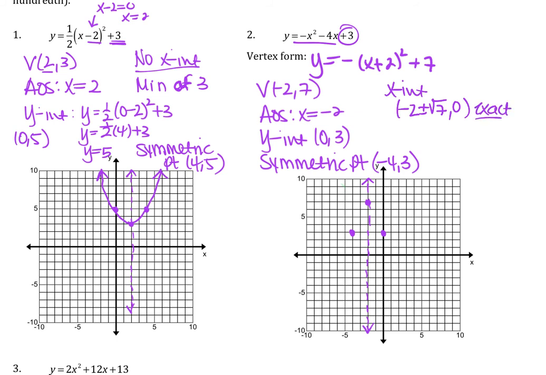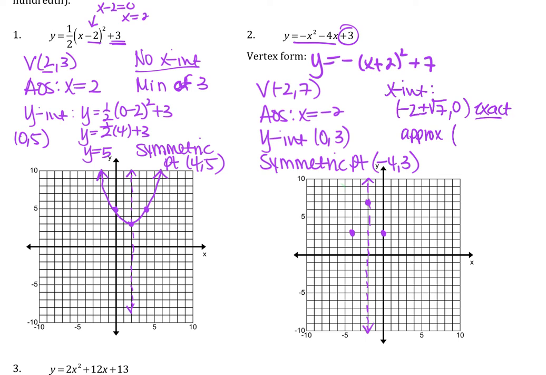That means simplest radical form. Now we want to get approximate ones because I don't know exactly where to graph for -2 plus √7 or -2 minus √7. So we want to take out our calculator. We'll put this into our calculator and find the decimal values.